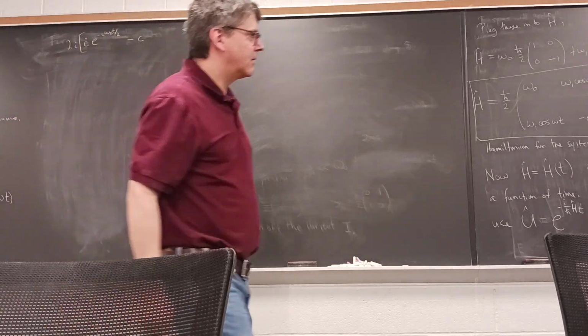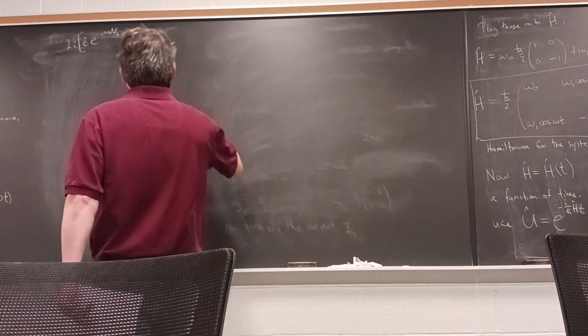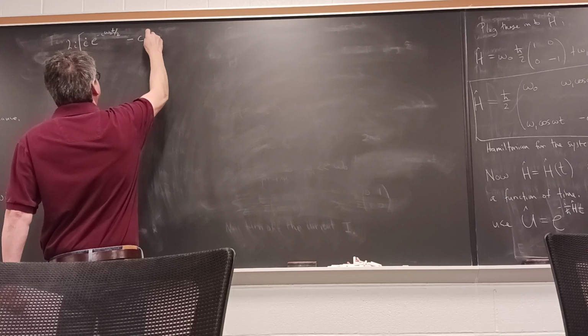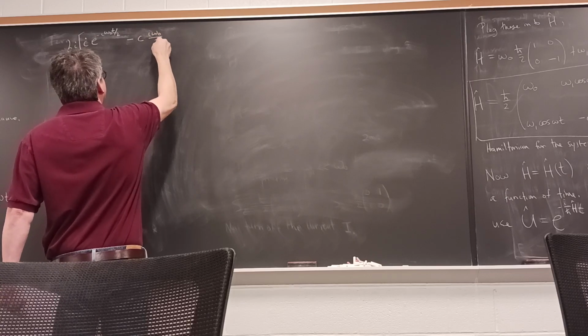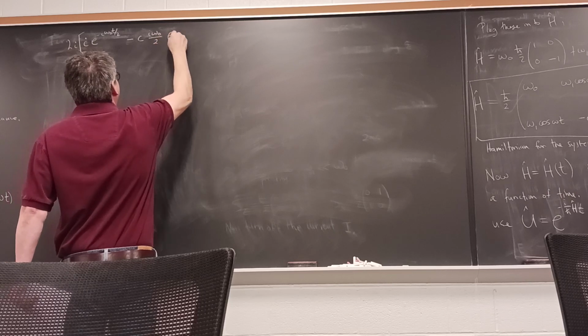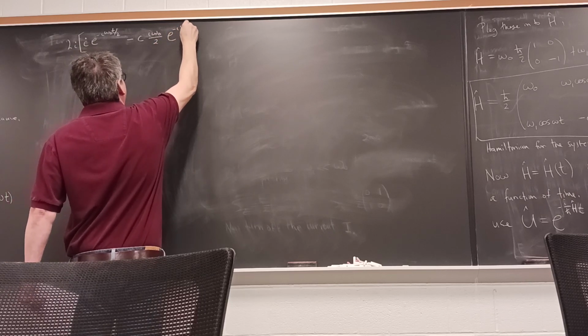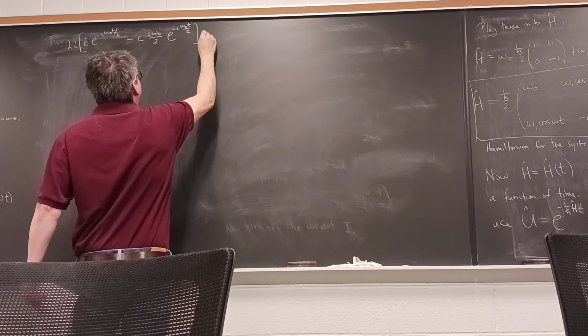So it's i omega 0 over 2 e to the minus i omega 0 t over 2.